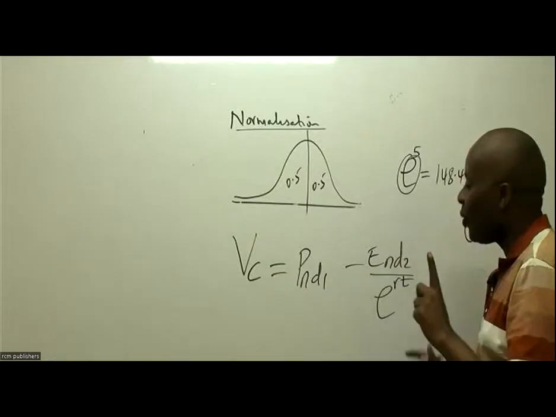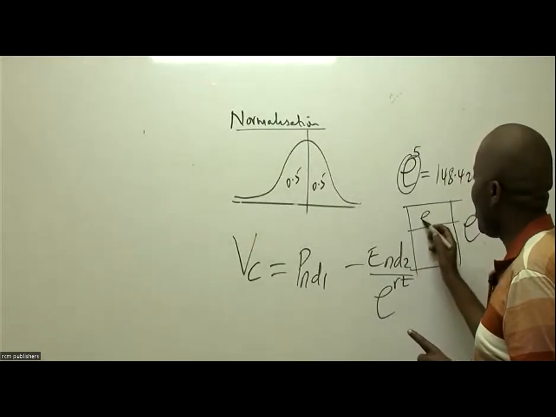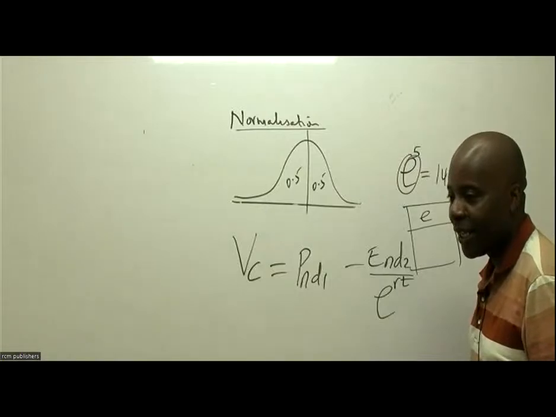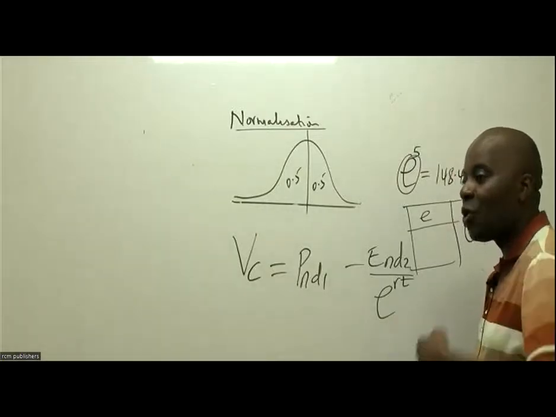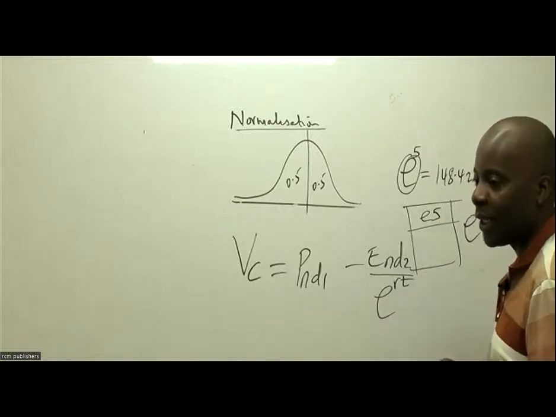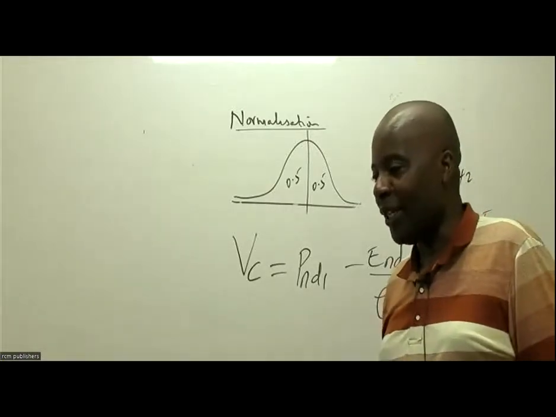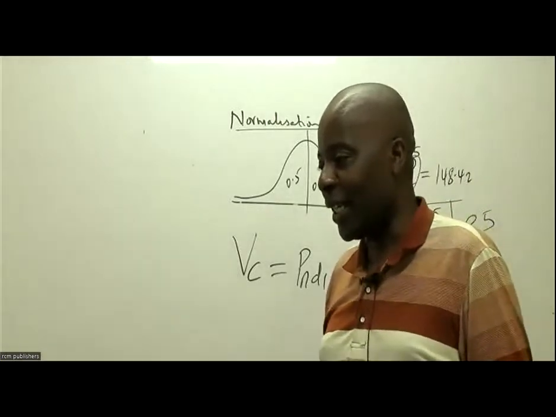Once you do that, Eliza, you'll see a small e displayed on your screen. Once it pops up, don't raise again. Just come by the side there and type 5, and then you say equals. So what are we getting there, Eliza?